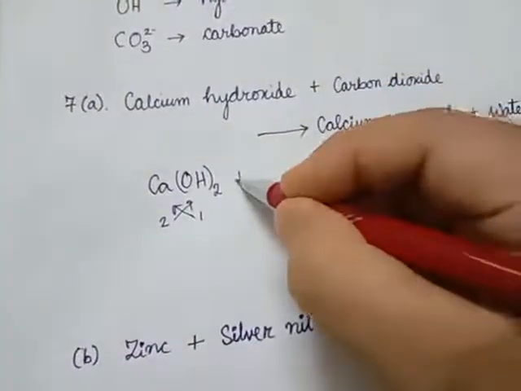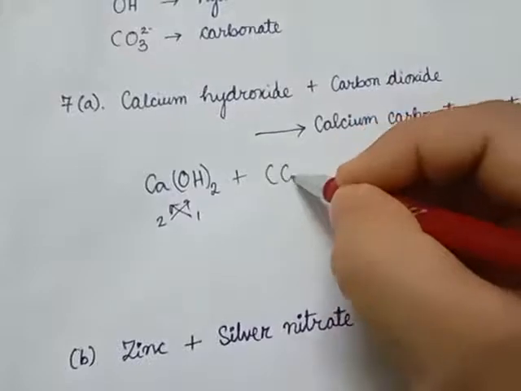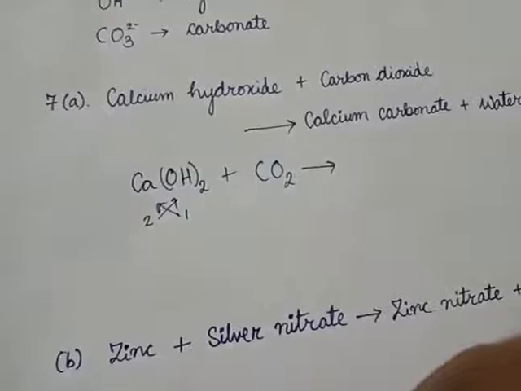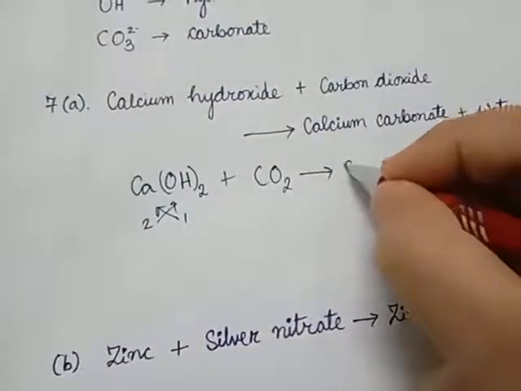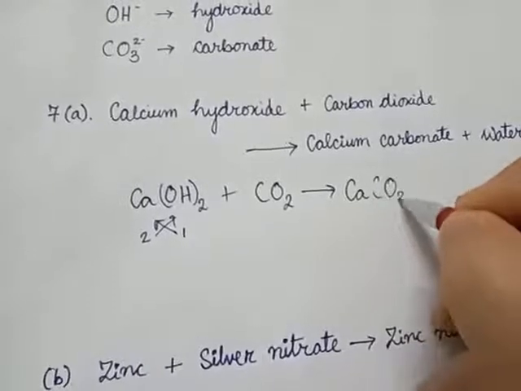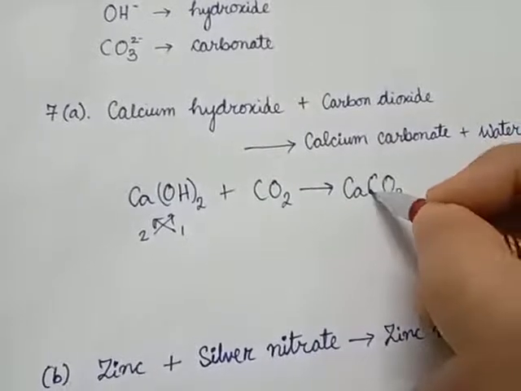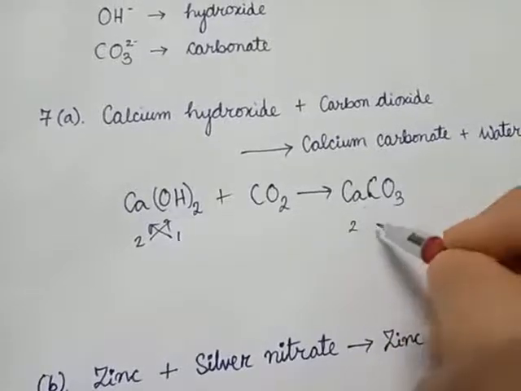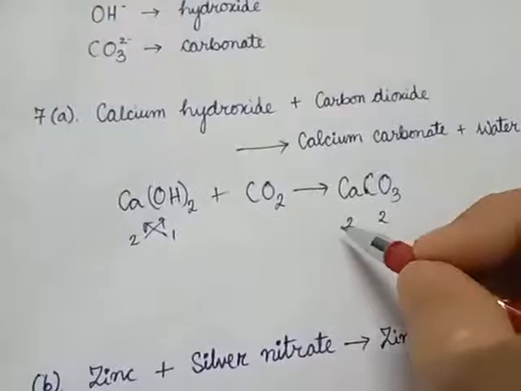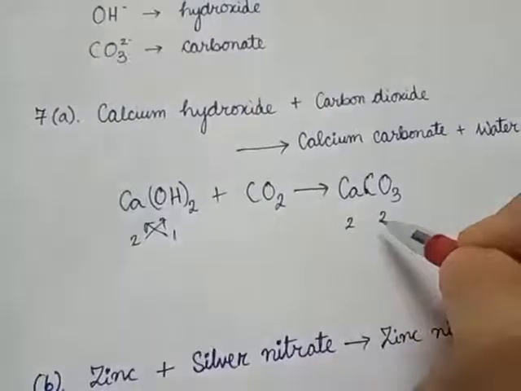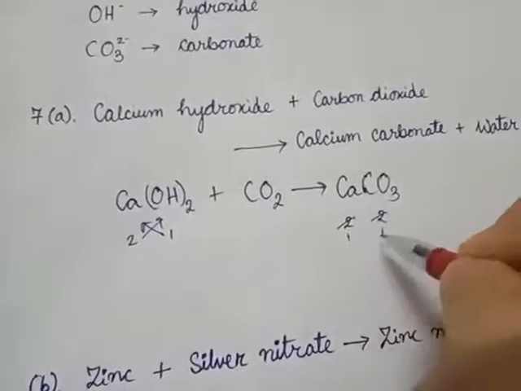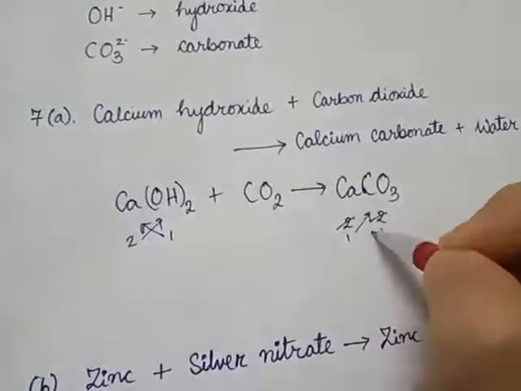Plus, next is carbon dioxide, so the formula is CO2. It produces calcium carbonate. The symbol of calcium is Ca, and for carbonate it is CO3. Now you see the valency of both calcium and carbonate is 2. So we divide these numbers by a common factor wherever possible and reduce them to the lowest term, and after that exchange the valencies.